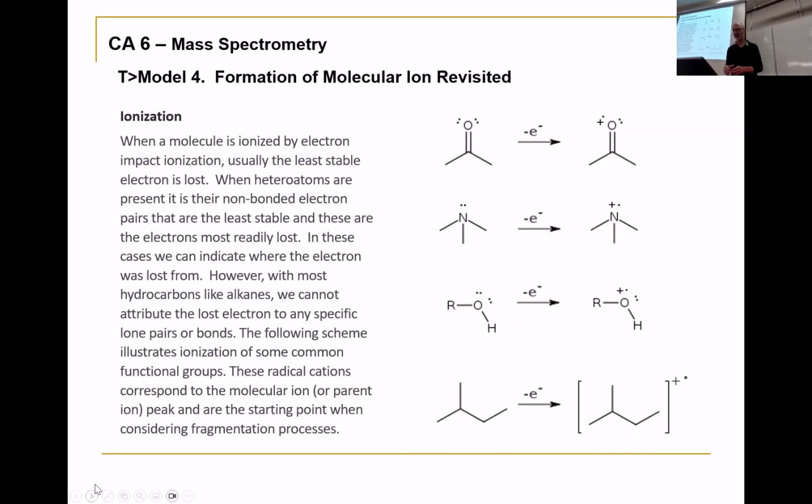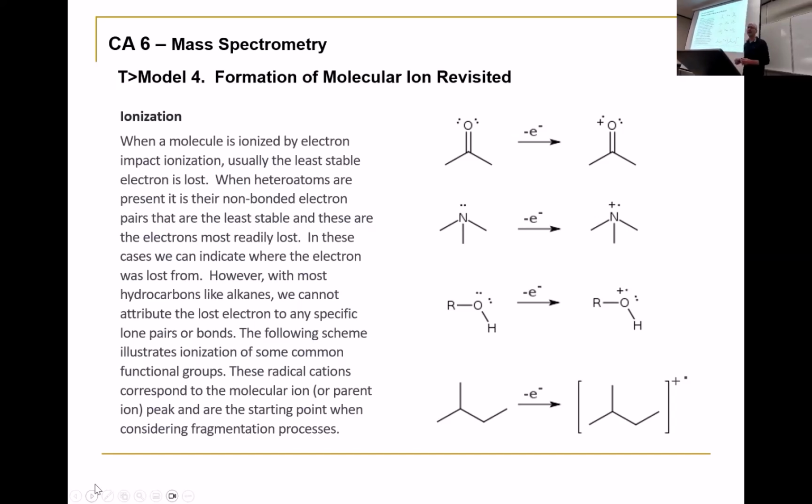So here on page 47, this is what I want to highlight. I describe all of this in a paragraph. At the bottom is the situation of the alkane, or an alkene would also be true, essentially a hydrocarbon. We bombard this with an electron gun, an electron is lost, and we have a radical cation.